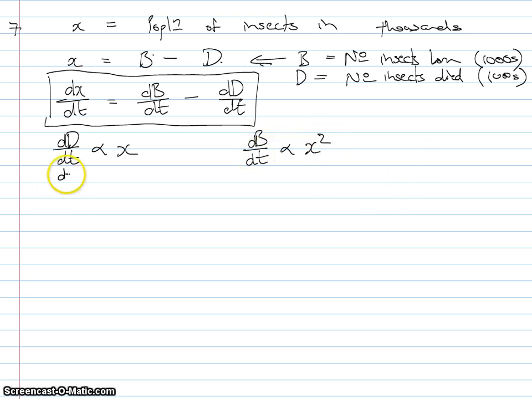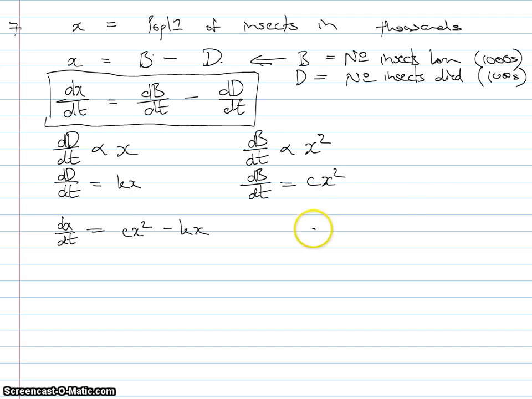So again, we get two equations here. dD by dt is equal to kx, and dB by dt is equal to cx squared. And thus dx by dt is equal to cx squared minus kx.